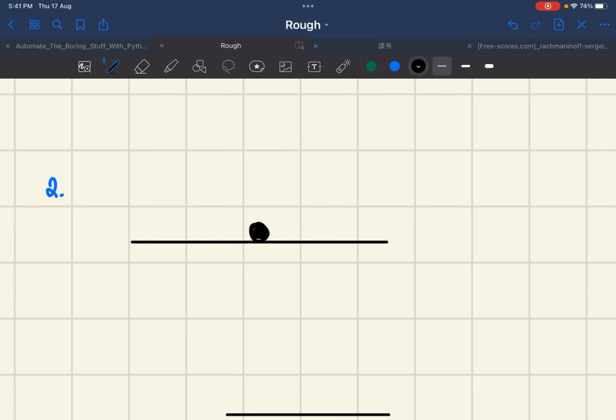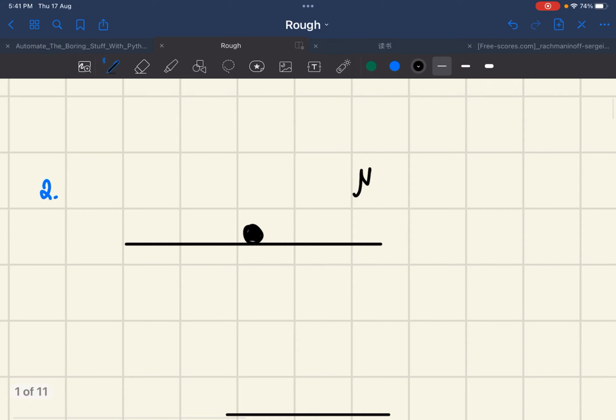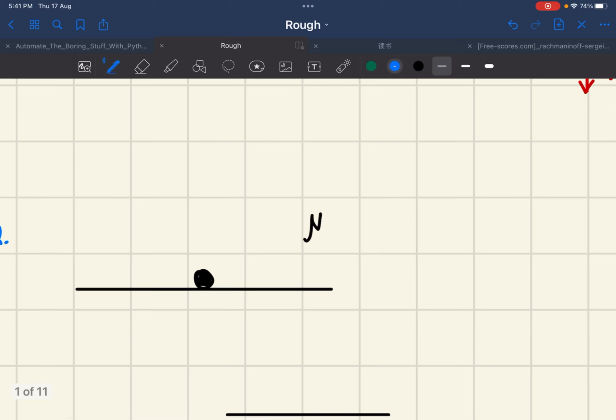The coefficient of friction between the surfaces is still mu. Now we want to push the box so that it starts moving. What is the minimum force that we can provide so that the box starts moving?